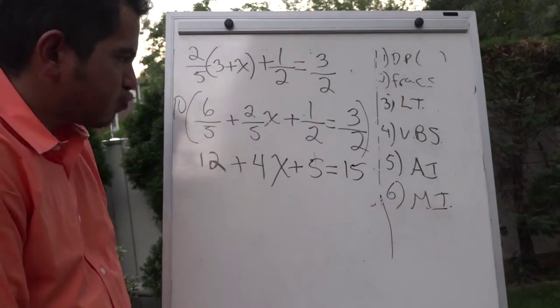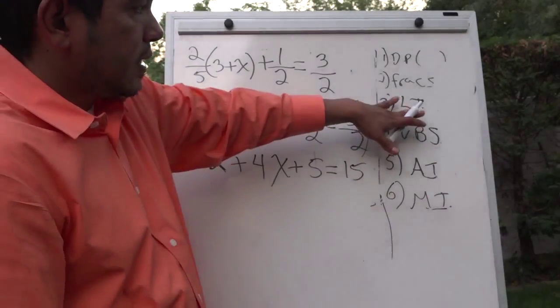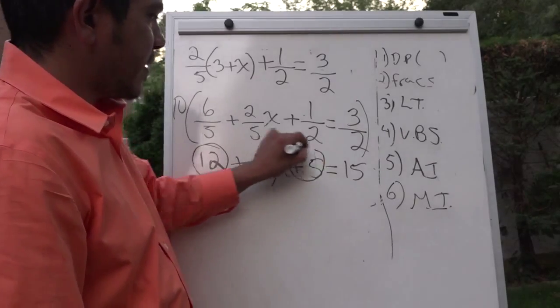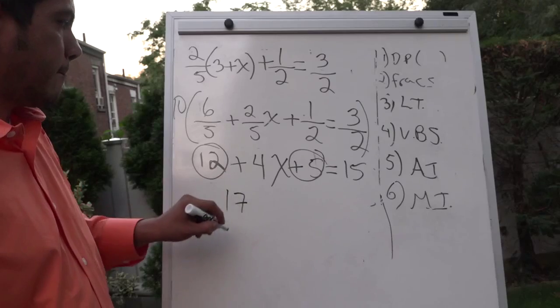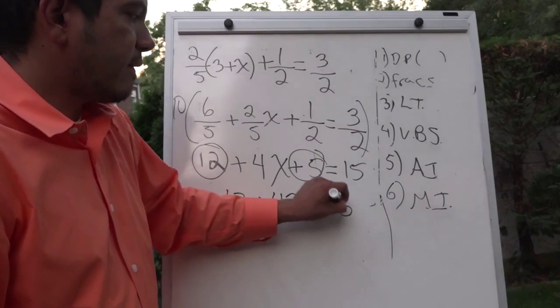Woo! Okay. Now, like terms. Yes, I do have like terms. Look, 12 and 5. So that is 17. And again, plus 4x equaling 15.